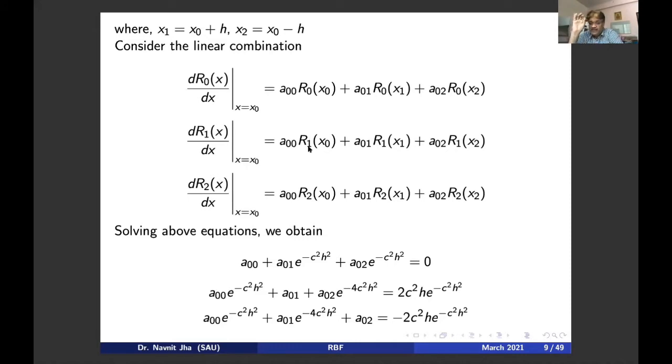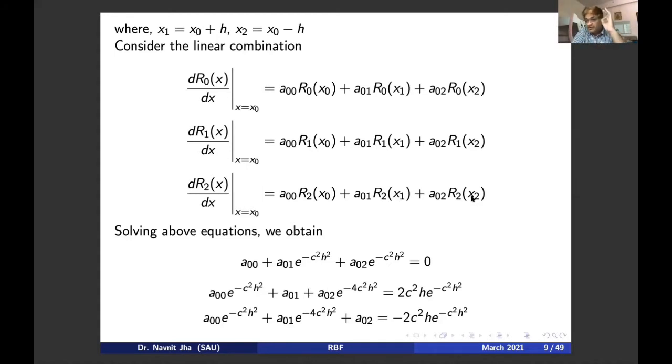These coefficients A00, A01, A02 are called weight functions. Next, exactly on the same line, dr2 for the third radial basis function, I have kept weight exactly same and replace the radial basis function with r2. Evaluation at the points x0, x1, and x2.